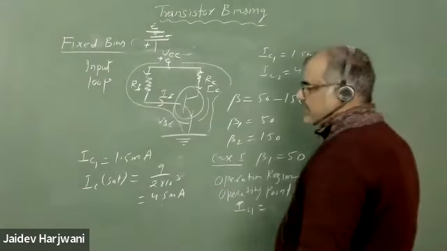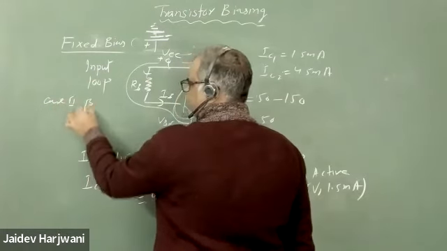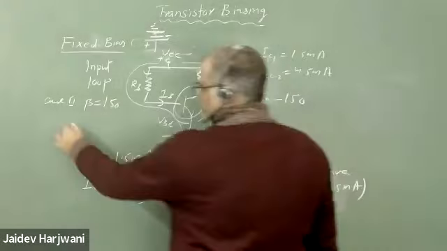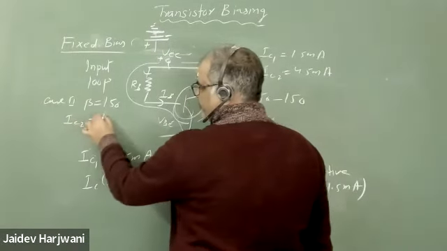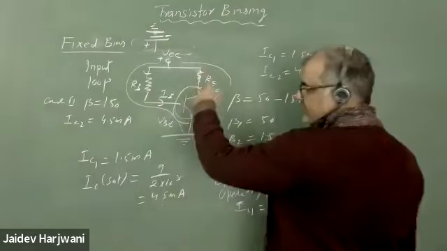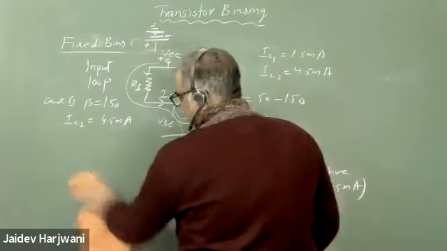Okay, in the second case you have beta equals 150. IC2 you already told, that is 4.5 milliampere, and your saturation current is also the same, so your transistor is in saturation this time.